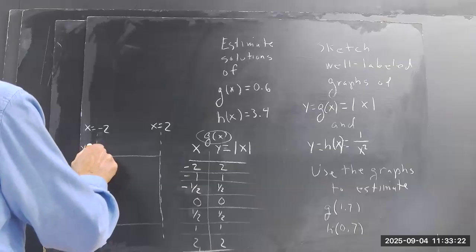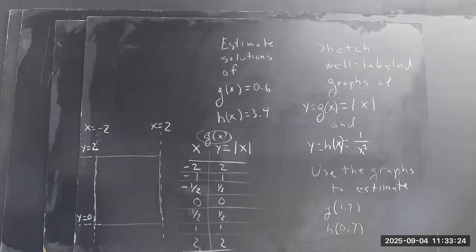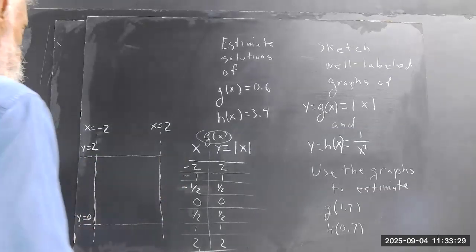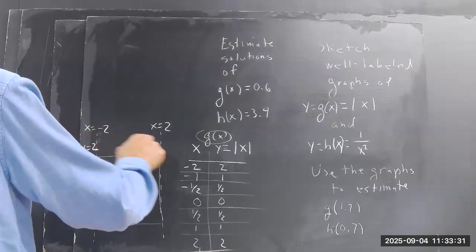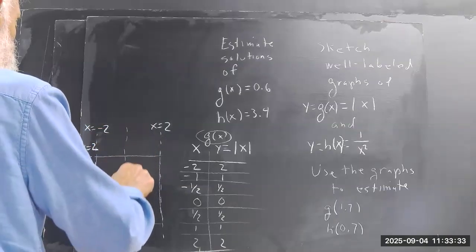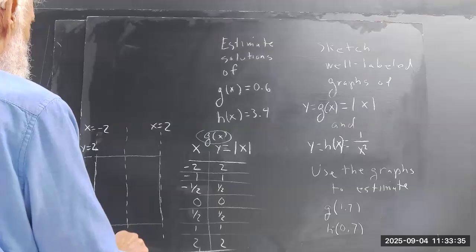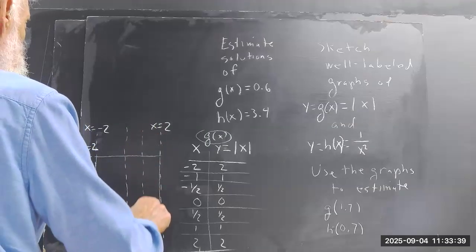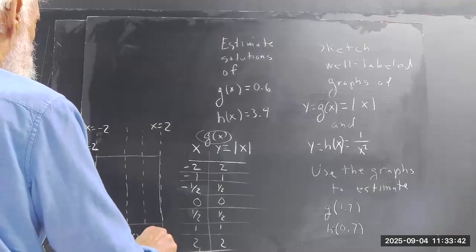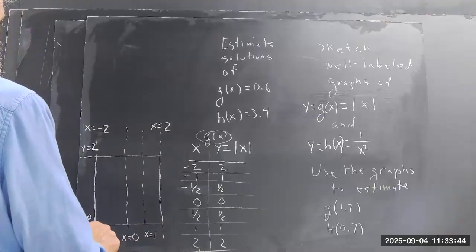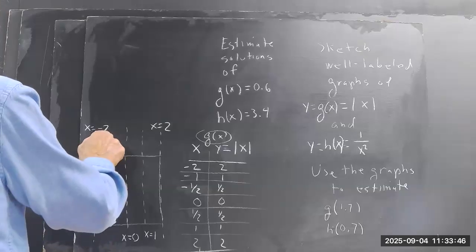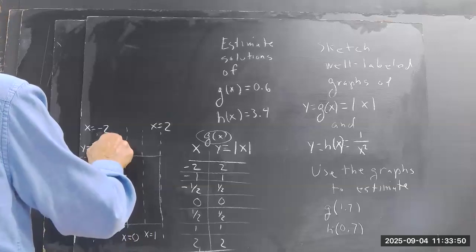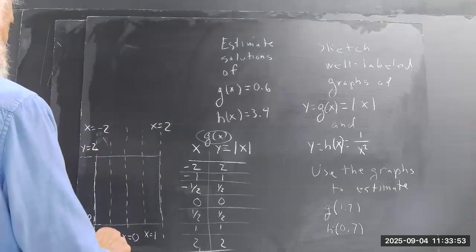And this one y equals 2. It's this line and this line. Then halfway between -2 and 2 is 0. Halfway between 0 and 2 is 1. Halfway between x equals -2 and x equals 0 is x equals -1. I'll label that down here.